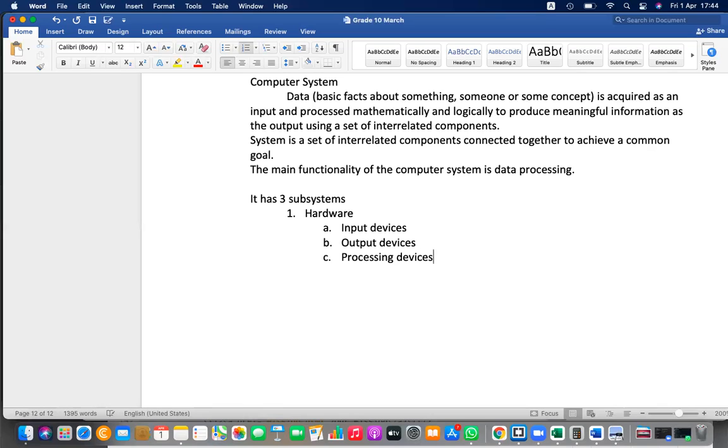Please write down, I'll explain. That is called hardware. Then the second one is software: system software, application software, and firmware.